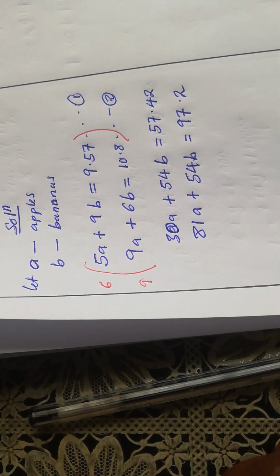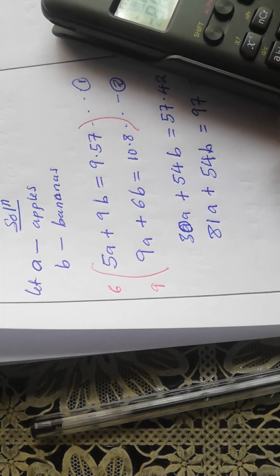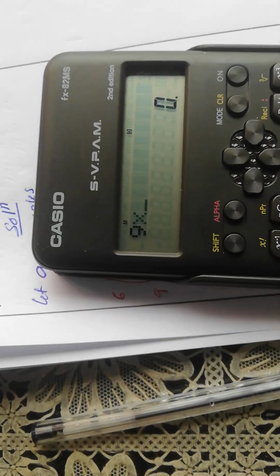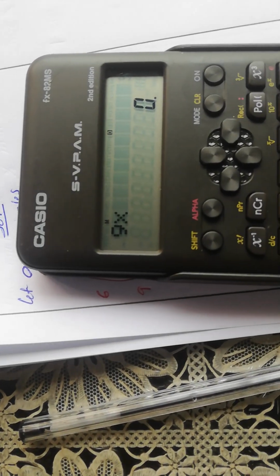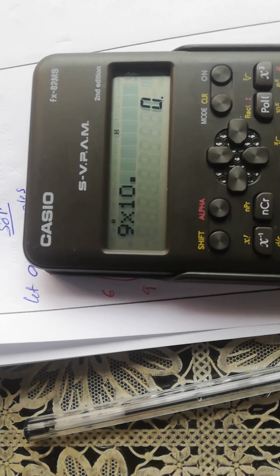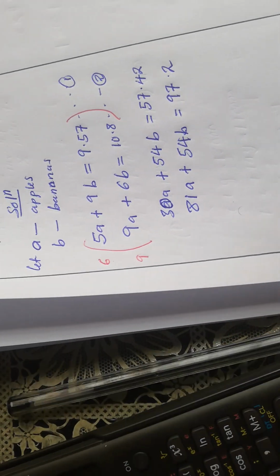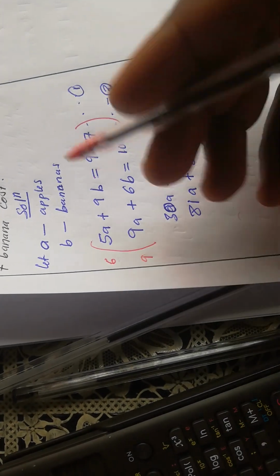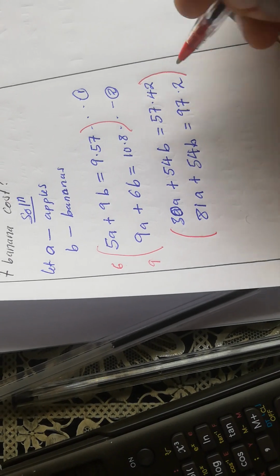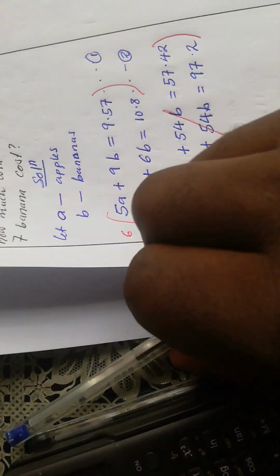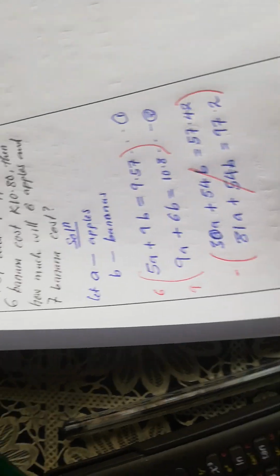How am I getting the 97.2? Let's do our mathematics. We are saying 9 multiplied by 10.80 is going to give us 97.2. So we eliminate this by introducing a minus sign, and you cancel there.